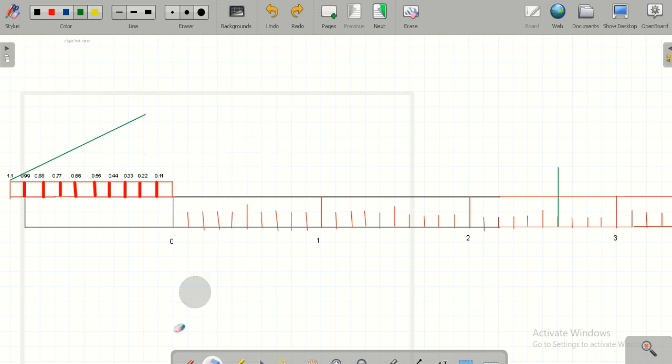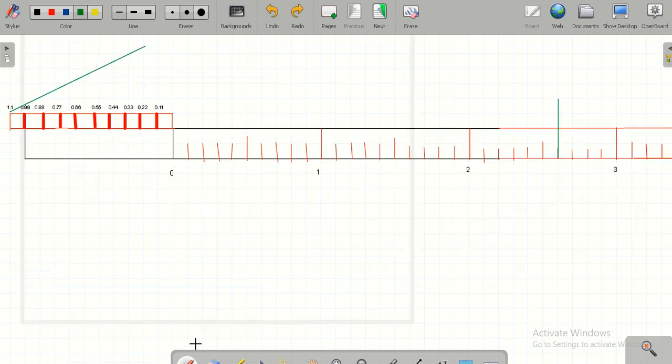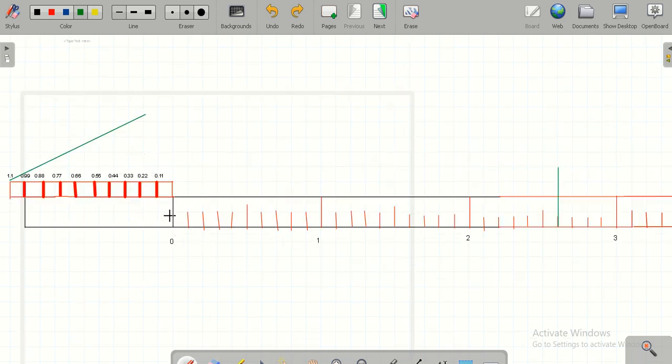So this is the scale. Treat this as the main scale, the scale you carry with you. This length is 1 centimeter. Though it is an extended scale, you just think about 1 centimeter.